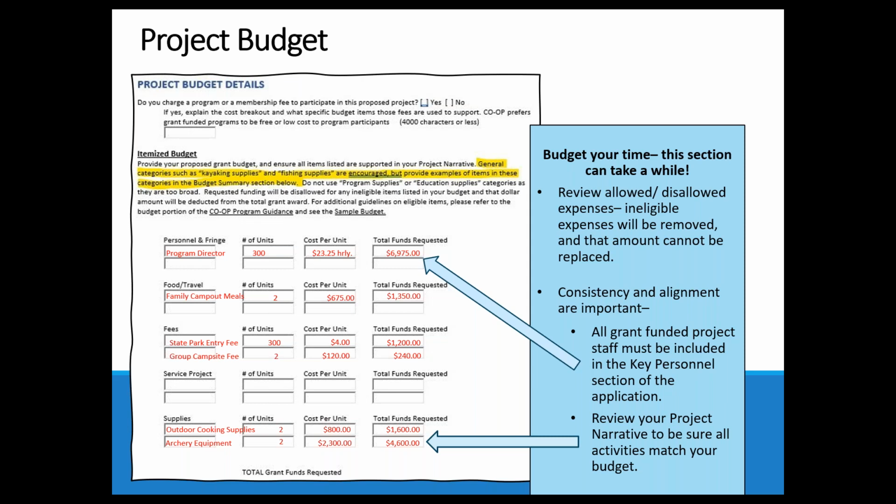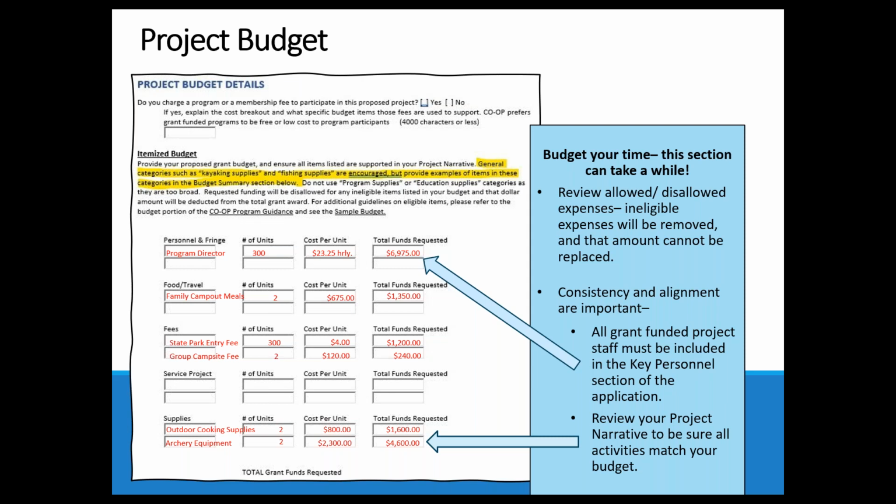Another tip on your project budget, make sure you go back into your application and review your SMART goals and your project narrative to make sure that all of the activities in your budget match what you've written in your narrative and in your goals. Occasionally we'll see something kind of random in someone's budget.